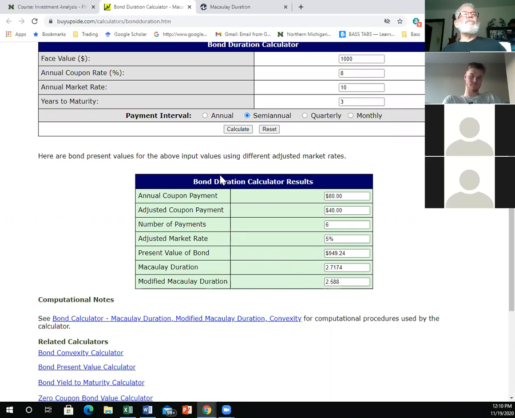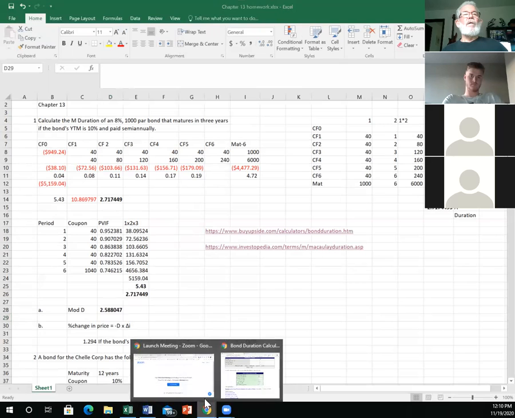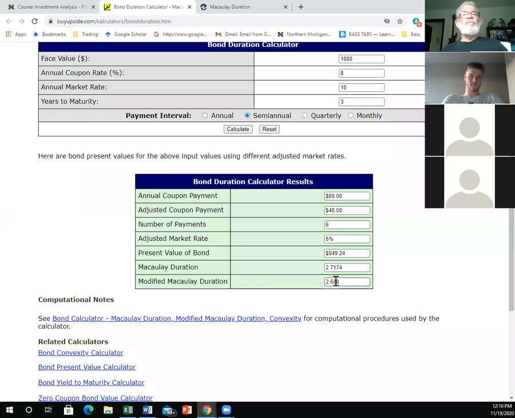Wonder why that's different. If I leave this at 1.05, which is the semi-annual interest rate, 2.58, 2.58. That's interesting. I wonder.